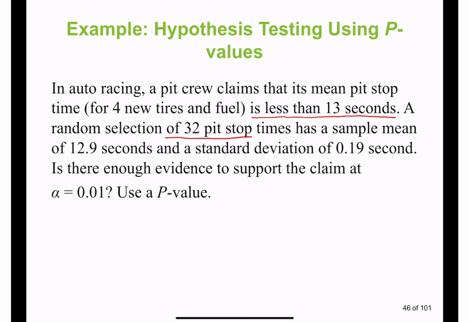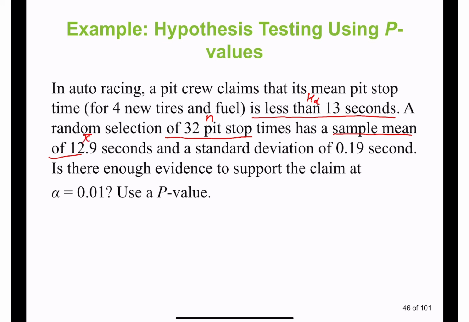A random selection of 32 pit stop times, that's our n, has a sample mean, that is our x bar. This is our null hypothesis, alternative hypothesis, and this is our x bar.